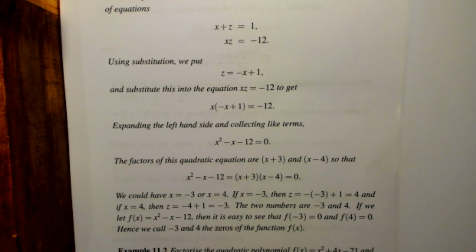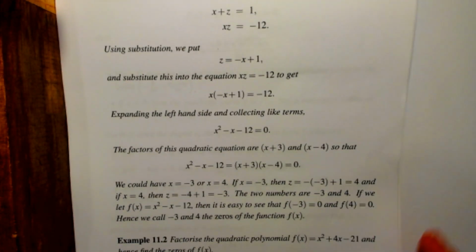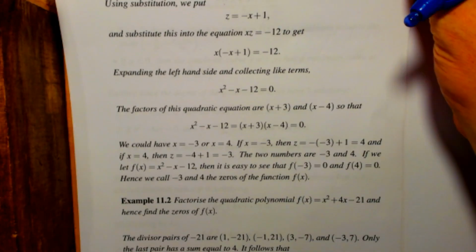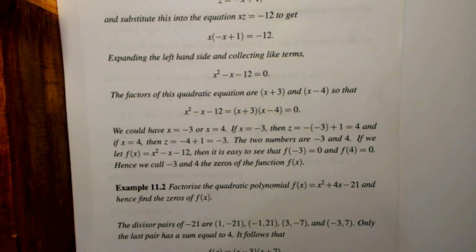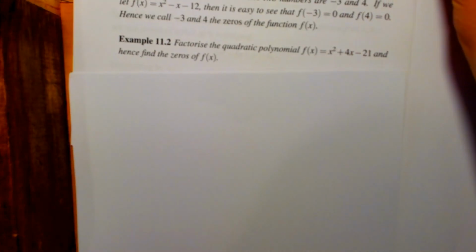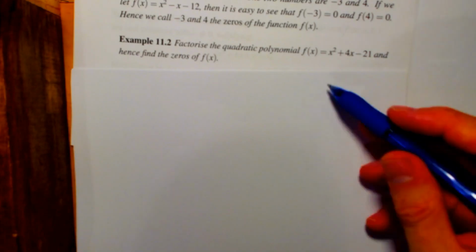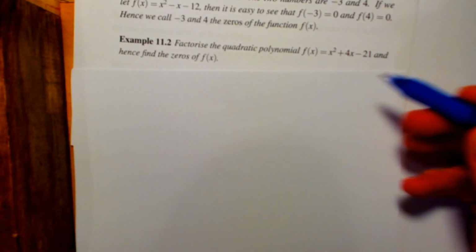So let's go ahead and have a look at example 11.2. Factorize the quadratic polynomial and hence find the zeros of f of x. Okay, likewise I'm going to do this again on paper. So first factorize. We look at the divisors of 21.